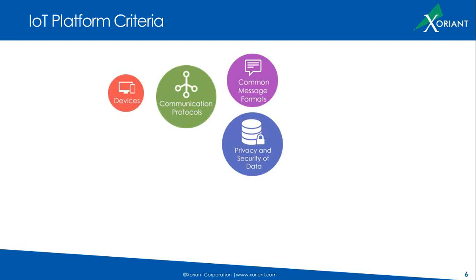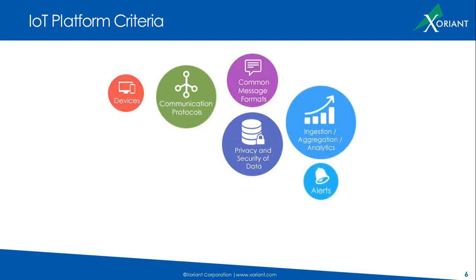Now, so you looked at devices, then you're moving the data over via some communication protocols in a secured way. You may translate it to a particular message format that's standard for your backend systems. But then comes a very critical part, which we believe is key to the success of any IoT application, which is around ingestion, aggregation, and analytics.